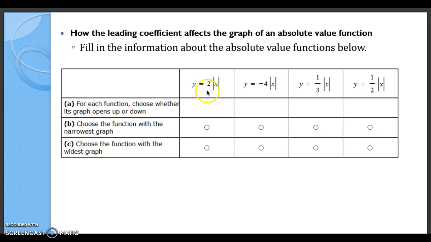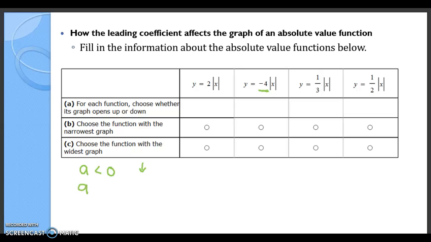First, we want to determine if it opens up or down. Okay. The negative in front of this leading coefficient: if the leading coefficient is less than 0, so if a is less than 0, then it's going to open down.